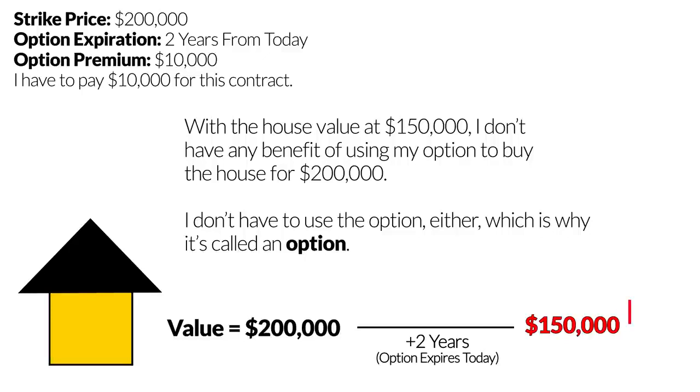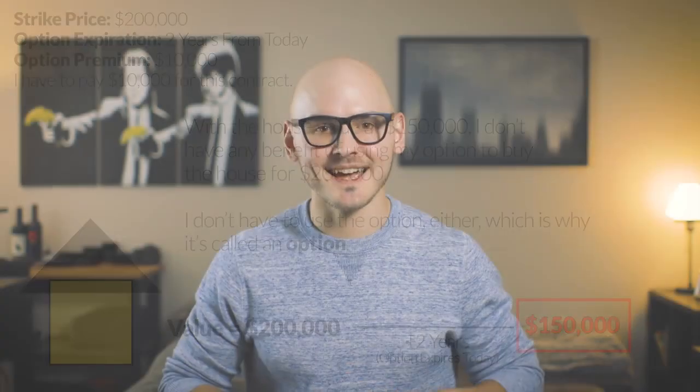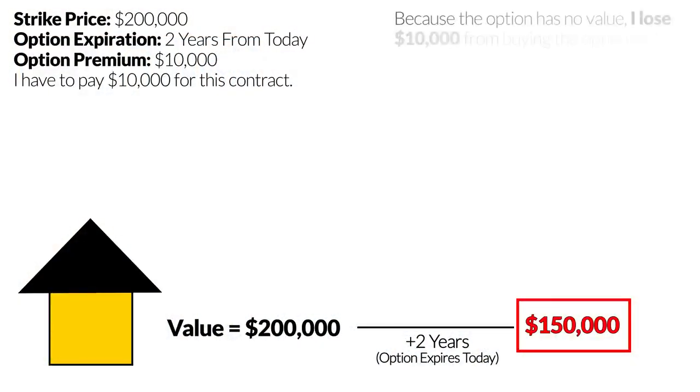So since the house is at $150,000, obviously I don't want to buy it at my strike price of $200,000, because if I really wanted that house, I could just buy it at the current market price of $150,000. And because of that, the option that I have is worthless. And since I paid $10,000 for that option and now it is not worth anything, I have lost my full $10,000 that I invested into that option.